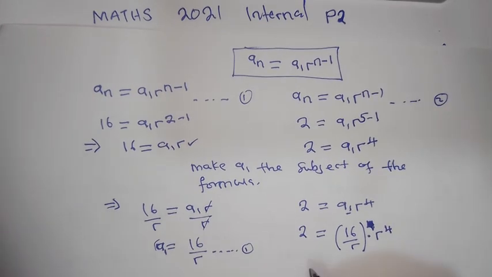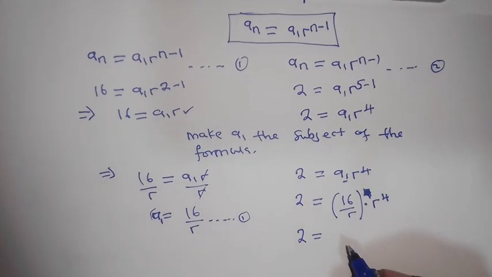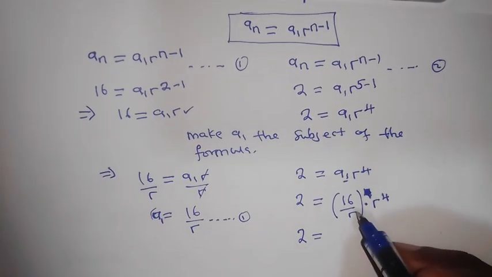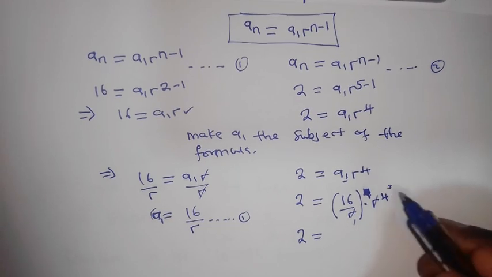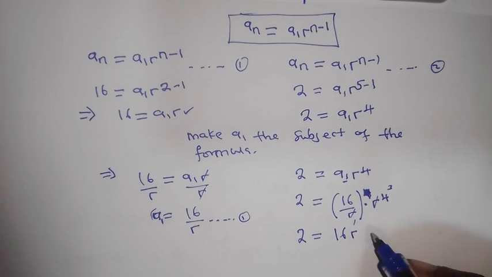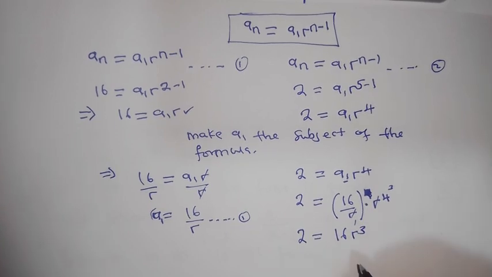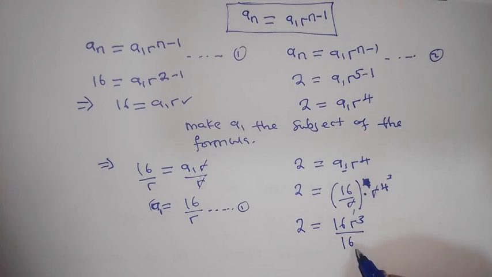So now this is going to be 2 is equal to, r there is 1, r there is 3. So it's going to be 16 r to the power 3. So we can now divide both sides by 16. So this goes.